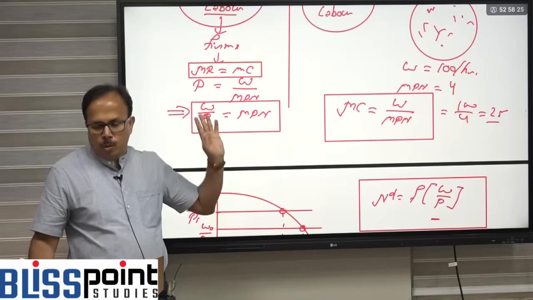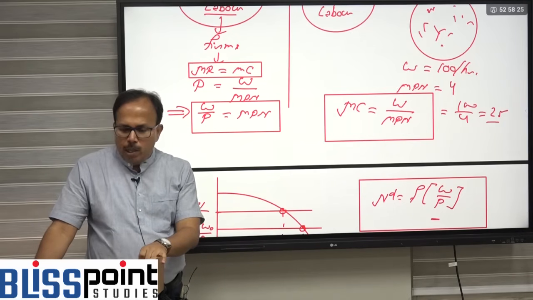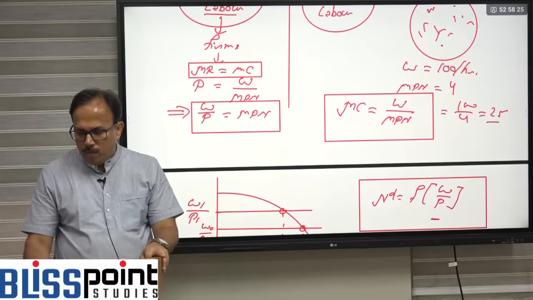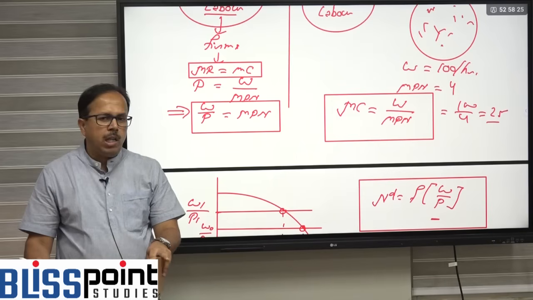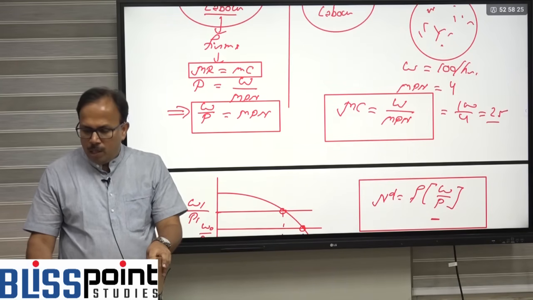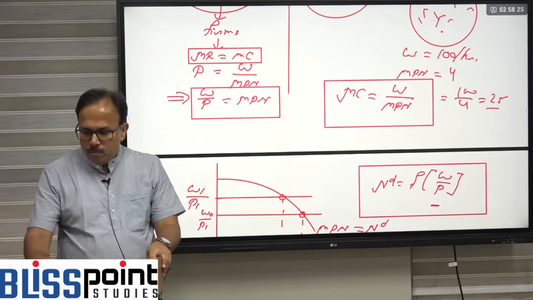W by P equal to MPN. That is why MPN curve is called labor demand curve.